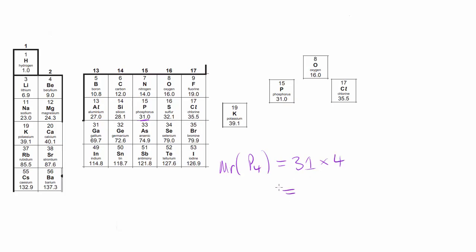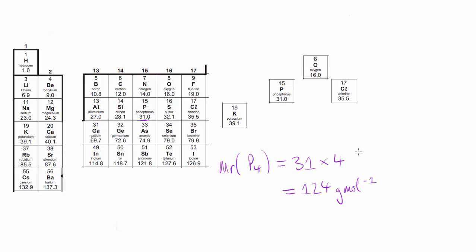And so that is effectively going to give us the molar mass of this particular white phosphorus. Now, if you had a go at working that out, what you should have found is that the molar mass would come to 124, with units of grams per mole.